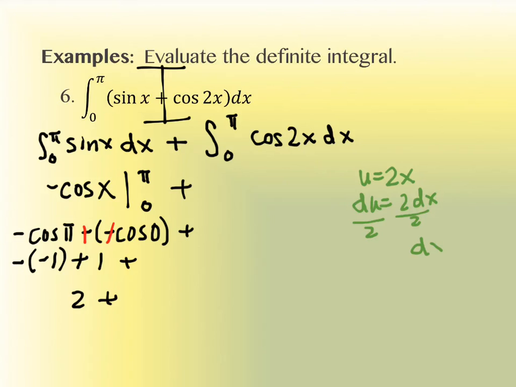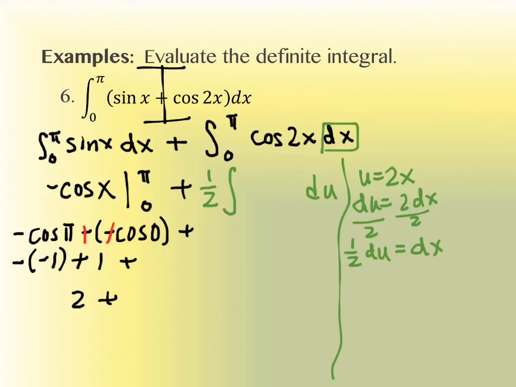So the dx is going to equal 1/2 du. And I'm going to put the 1/2 on the outside. There's the dx that's going to get replaced by the du with the integral. Okay, so dx gets replaced by the 1/2 du. I put the 1/2 in front, and I put the du at the end. But they're both there. I just separated them.